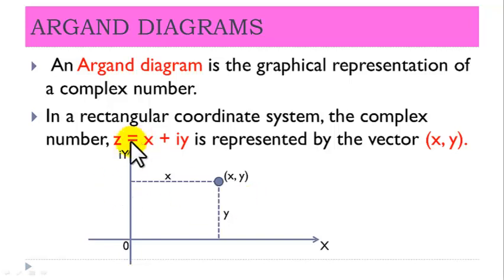Our complex number z equal to x plus iy is represented by this arrow, emanating from the origin and terminating at this point (x, y). The whole of this diagram is what we refer to as the Argand diagram.